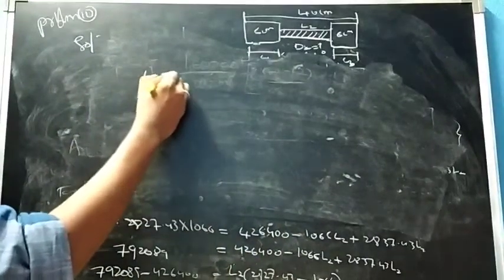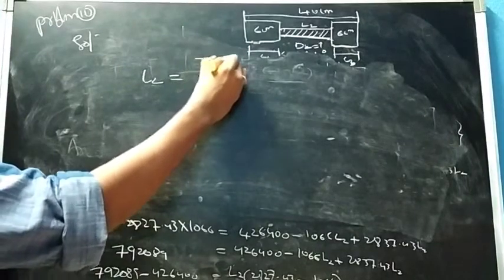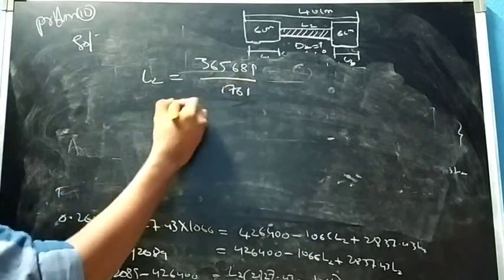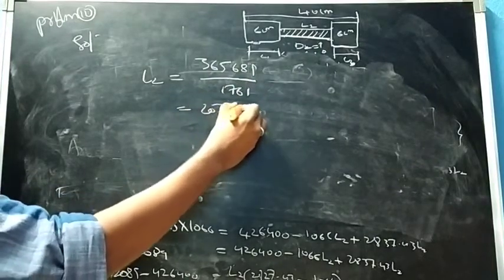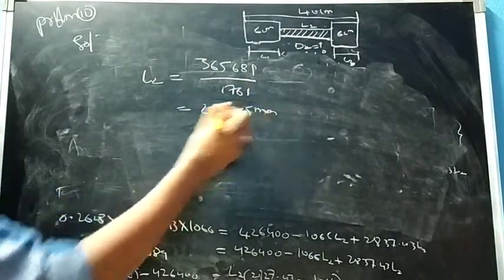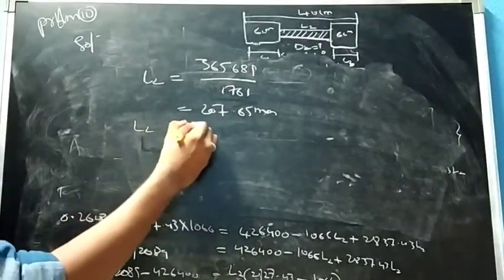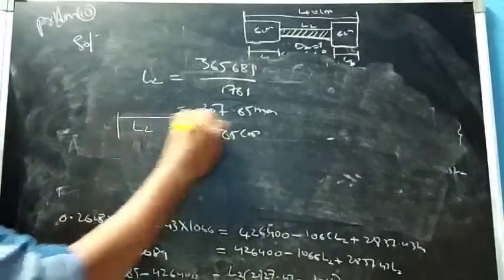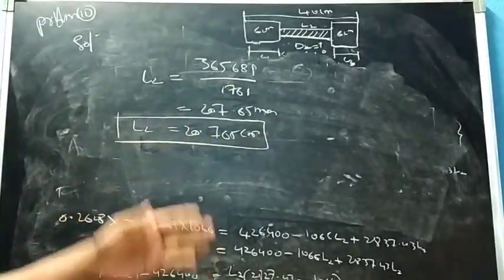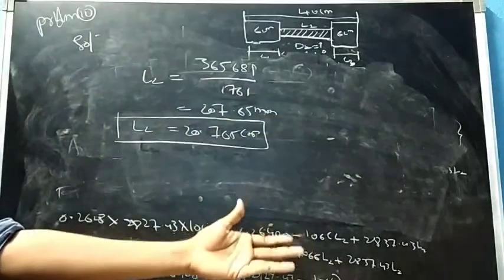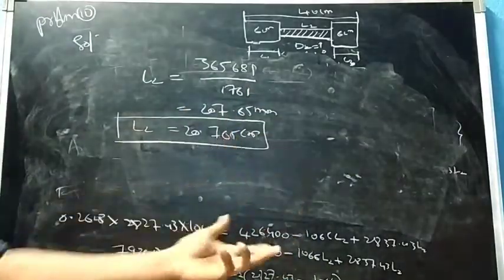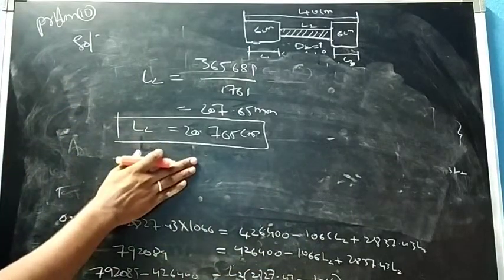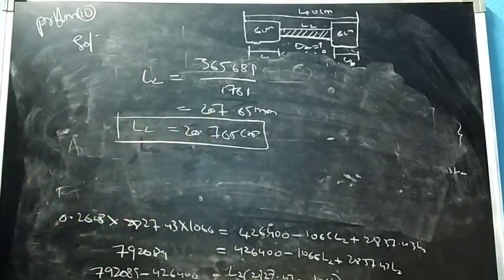So from here we can know that L2 equals to 365,689.1761 upon that, which will be 207.65 mm, and L2 will become 20.765 centimeters. This is how you can find. I just elaborated the math part, but you can directly find by using the calculator, no problem. So now we got L2 as 20 centimeters, right?